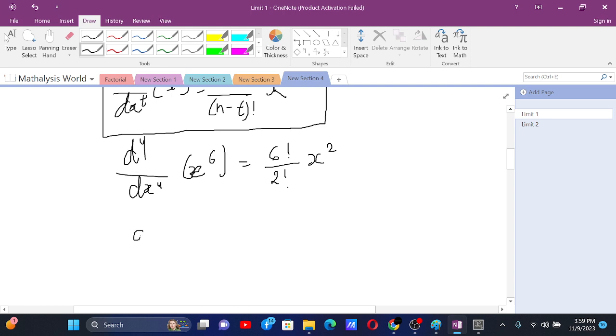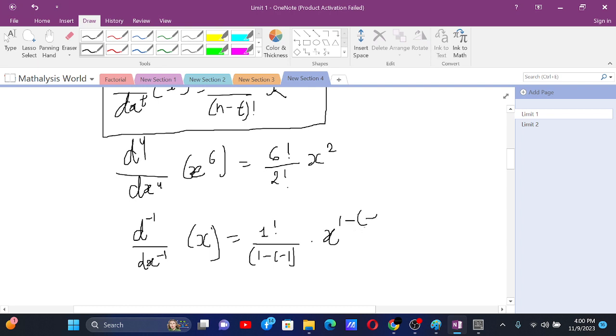Okay, so we get d to the power minus 1 by dx to the power minus 1, let us say just for x. So this gives us 1 factorial by (1 minus minus 1) factorial times x to the power 1 minus minus 1.